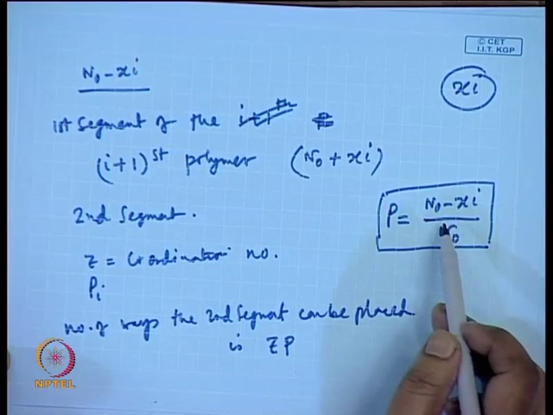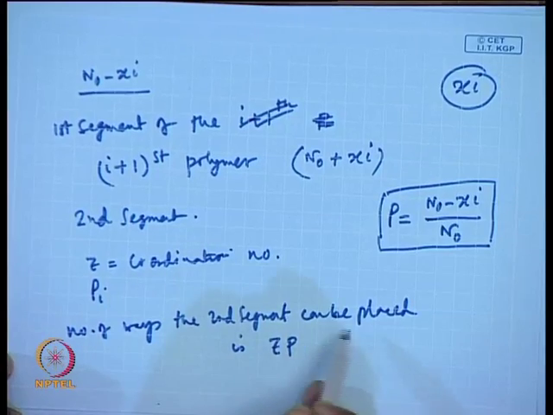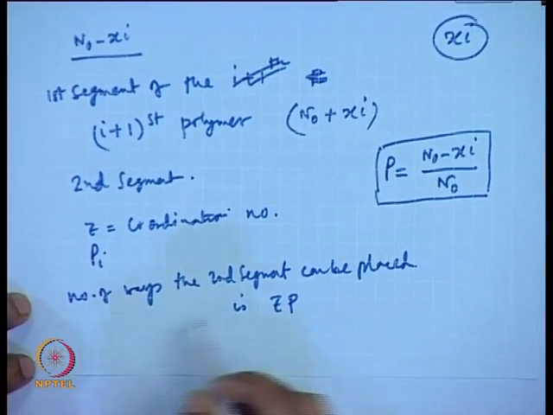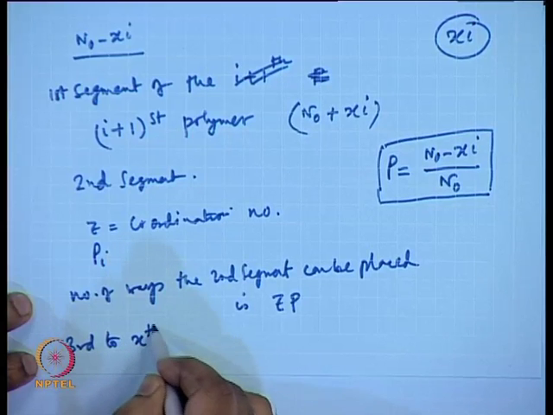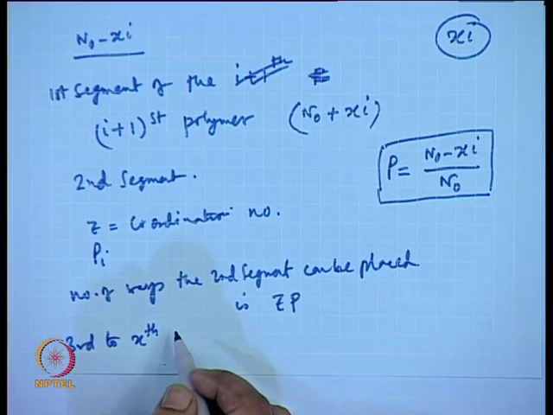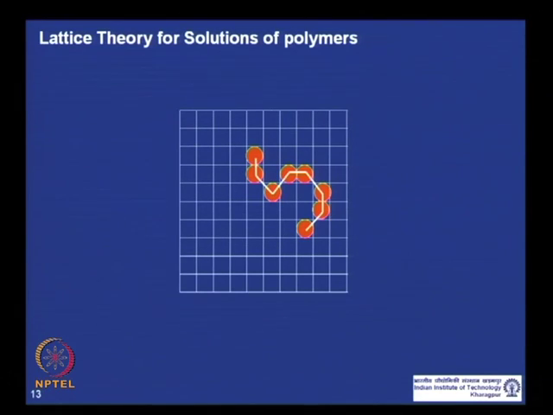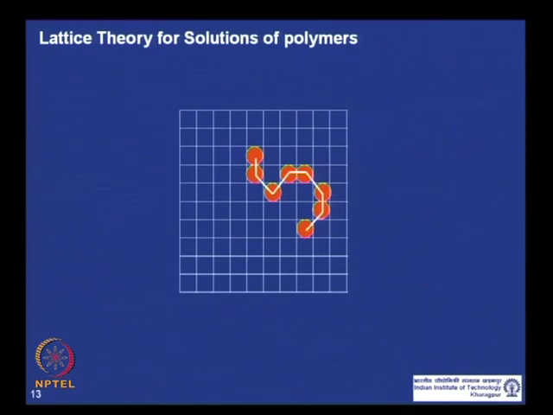And if the second segment can be placed, the number of ways is Z P. From the third to the last, which is the x-th, how many different ways can you add? It is basically the same way you added the second one: you add the third, fourth, fifth, sixth, up to x, the same way you have to arrange.